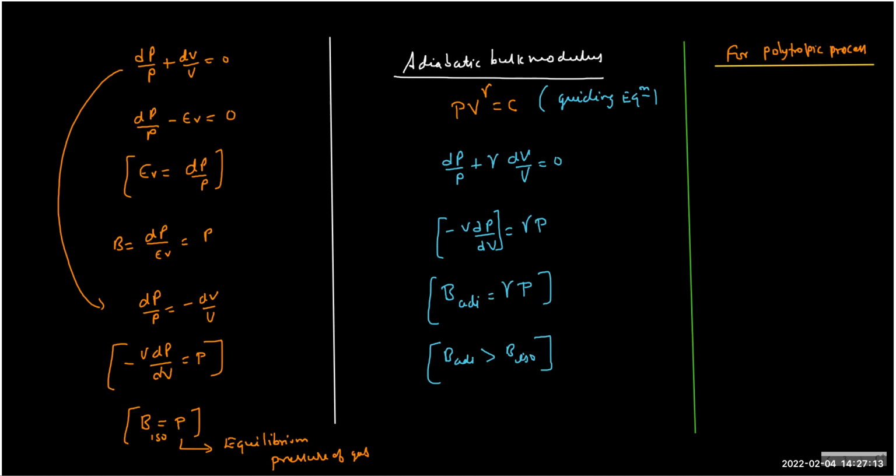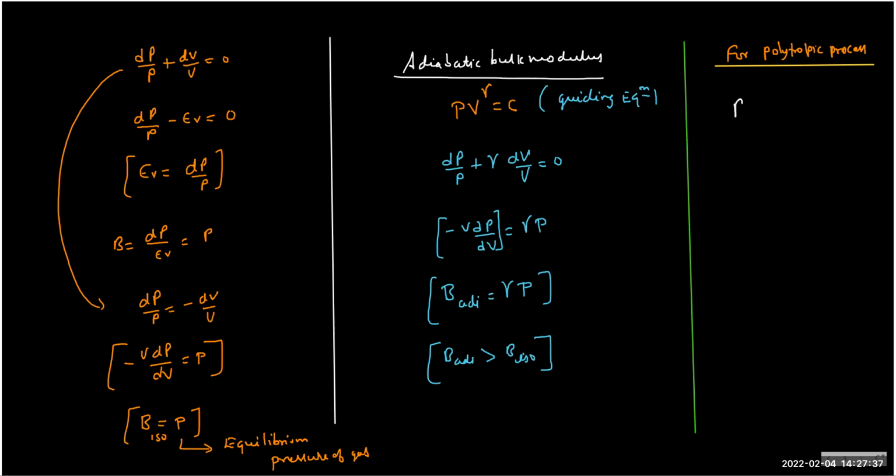It's PV to the power M equals constant. No, I'm asking what is a polytropic process. I'm not asking the equation. What do you mean by a polytropic process? When we say a process is polytropic, so like a general process.